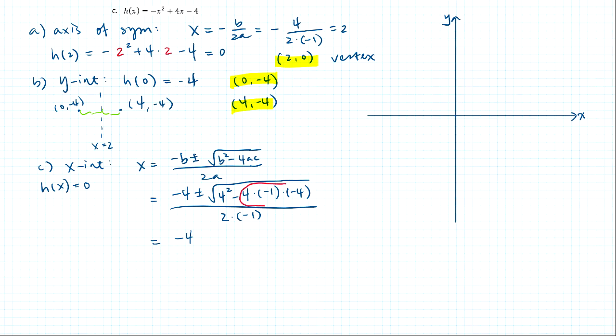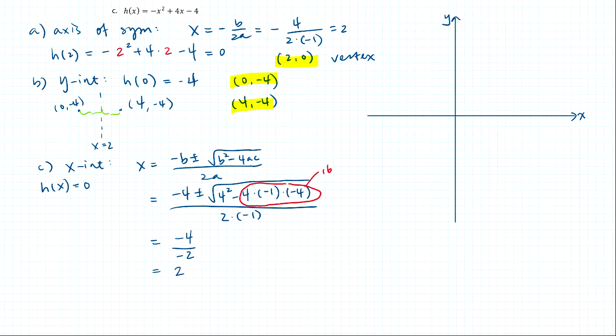Because if we don't include the first negative sign, this would also be 16. So as a result, we get 16 minus 16 under the radical, which means we have the square root of 0, or just 0 overall. So on top, all we have left is negative 4 plus or minus 0, which doesn't change the value, all over the bottom, negative 2. And this should be equal to positive 2.